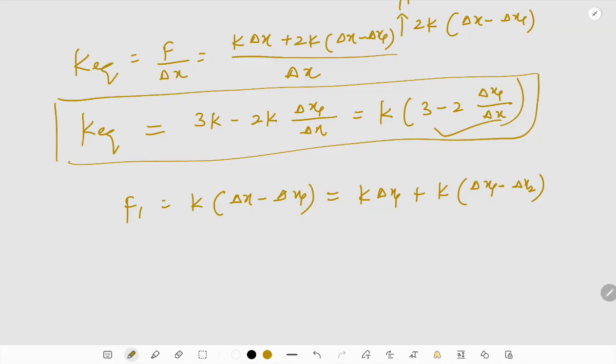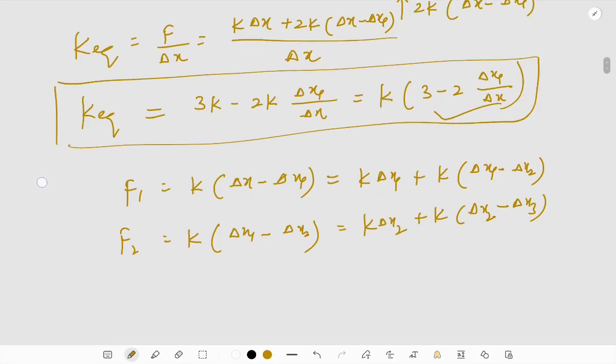In a similar manner, if you want to write F2, this will be k times delta x1 minus delta x2, or it can be written as k delta x2 plus k delta x2 minus delta x3. You can see that and verify by yourself.